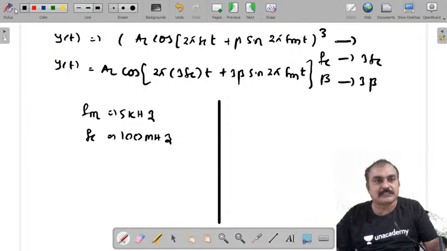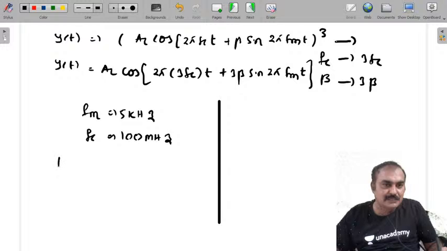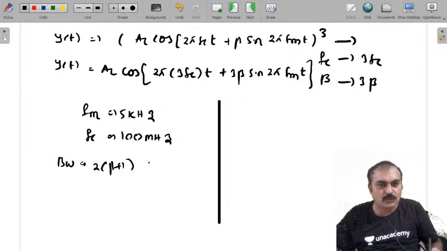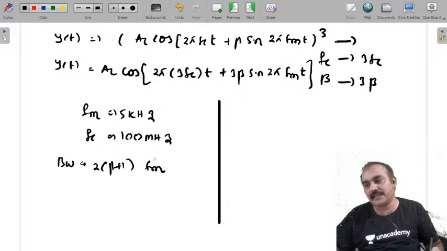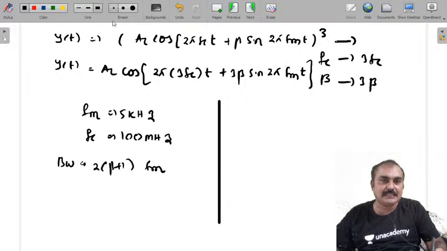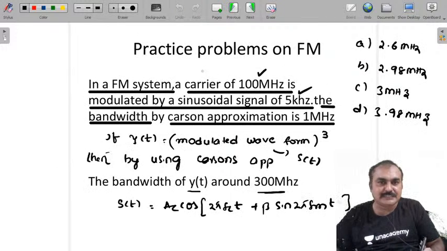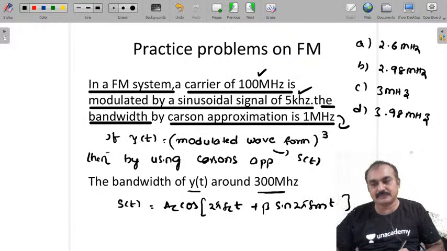What is Carson's formula for the bandwidth? Bandwidth equal to 2 into (beta plus 1) into Fm, my dear students. He has given the bandwidth at the initial stage: by Carson's approximation it is 1 megahertz.